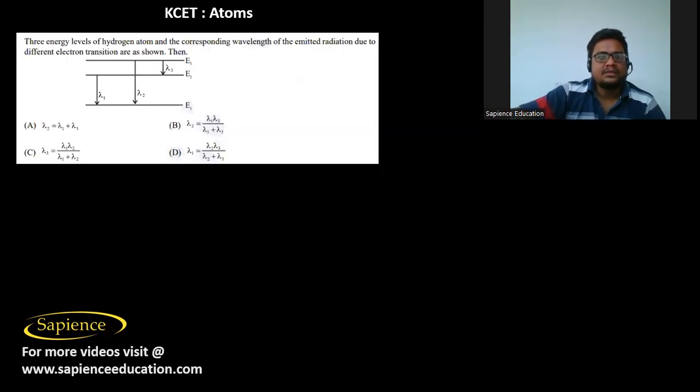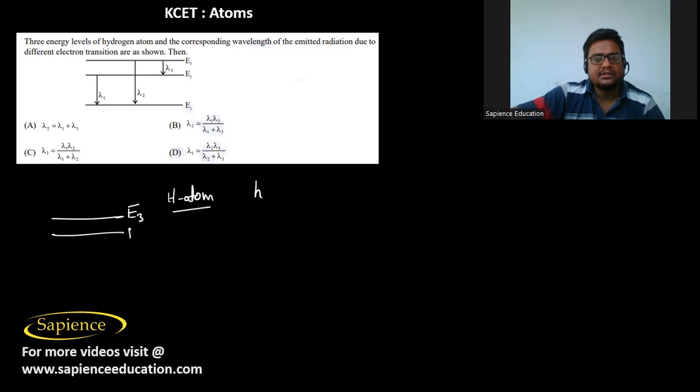Then here it is told 3 levels of hydrogen atom, and the corresponding wavelength of the emitted radiation due to different electron transitions are shown. The highest energy level is having energy E3, the next lower level is E2, and the lowest level is E1.